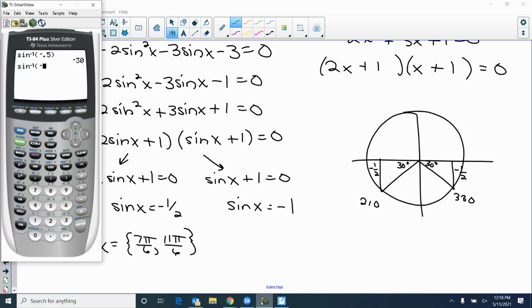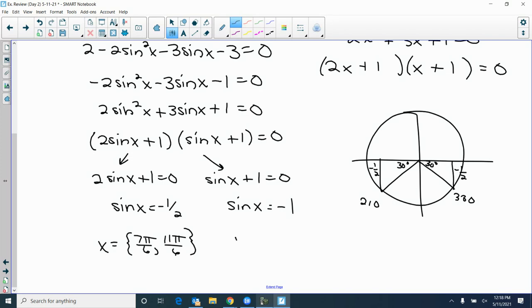Inverse sine of negative 1 is negative 90. Well, most of you have this down. Negative 90 in positive angle would be 270. So the final answer would be 3 pi over 2. So for the sine where it's negative 1, if you think about the curve, it'll be down in quadrant 3. So there's your 3 answers for that one.